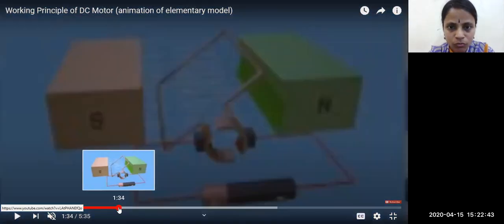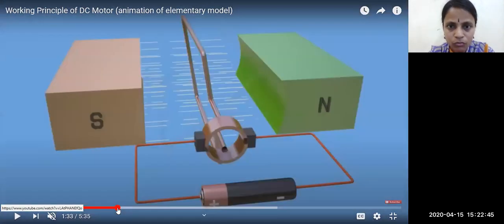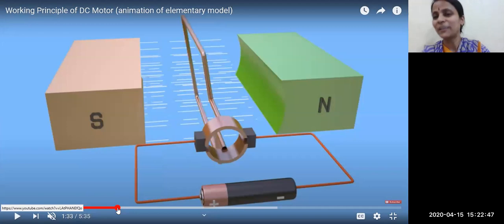Yeah, that's right. Almost there. You can see at this point, the current is not touching actually the conductor, the commutator. It is airy in between. Do you see that, children?